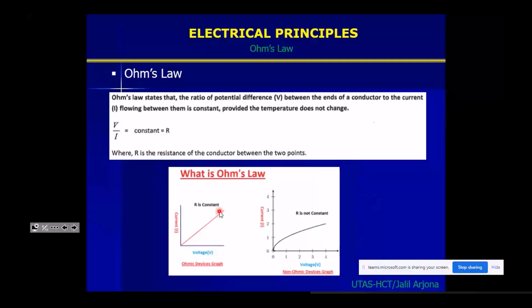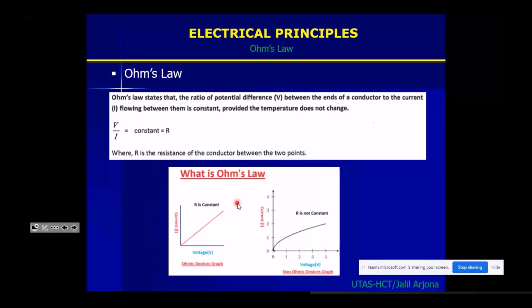So this is the Ohm's law graph. If the load is not pure resistance, non-ohmic devices, you will have a curved graph. It's not constant. So the general principle of Ohm's law is based on this graph when the resistance is constant.